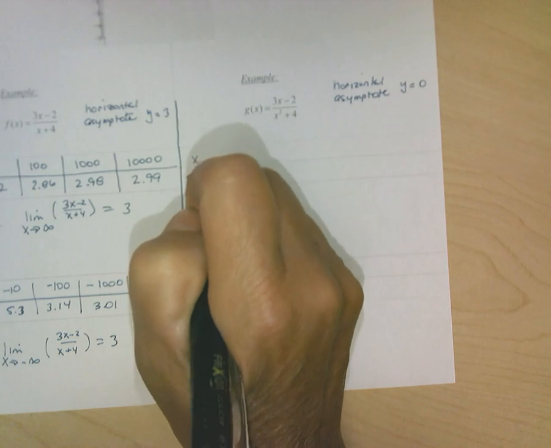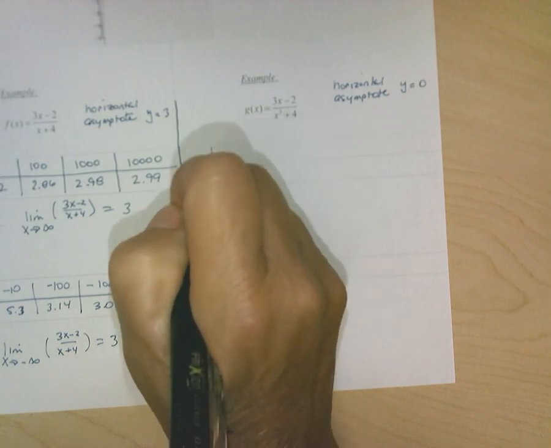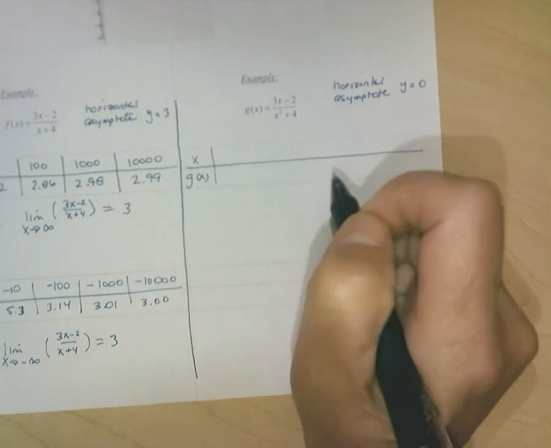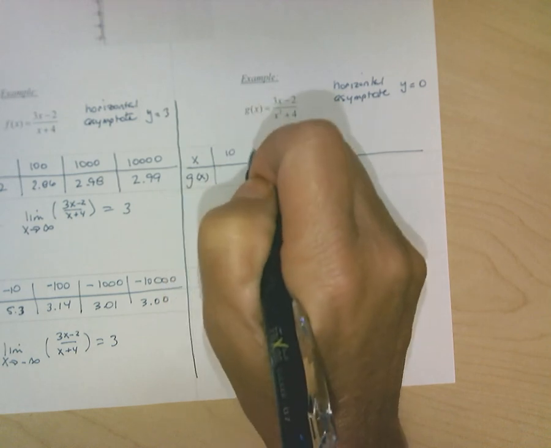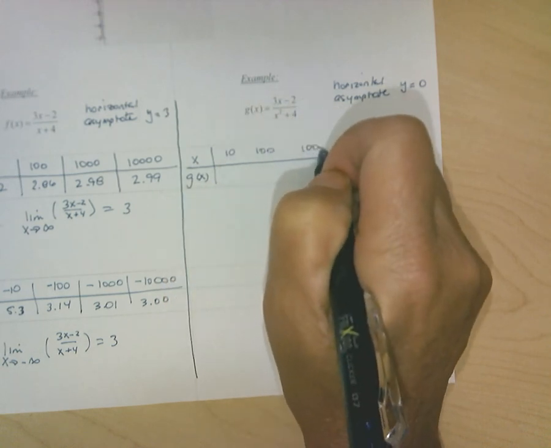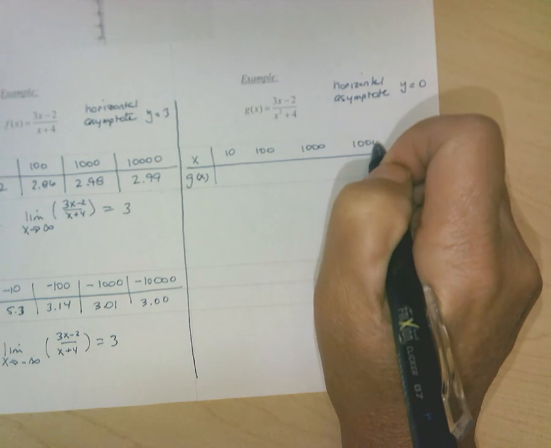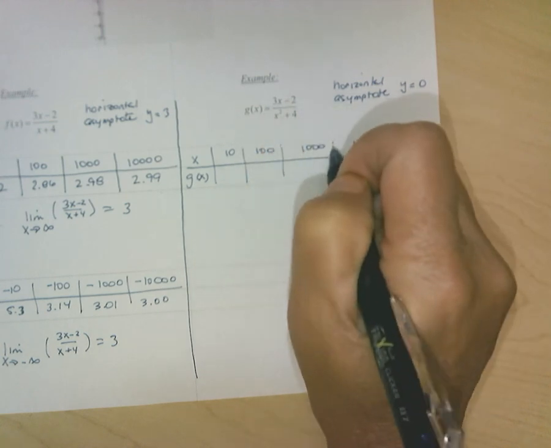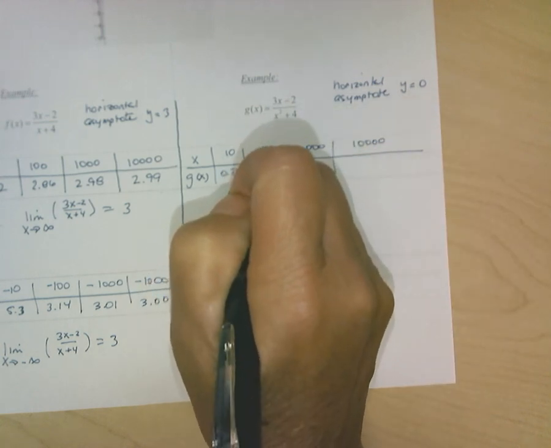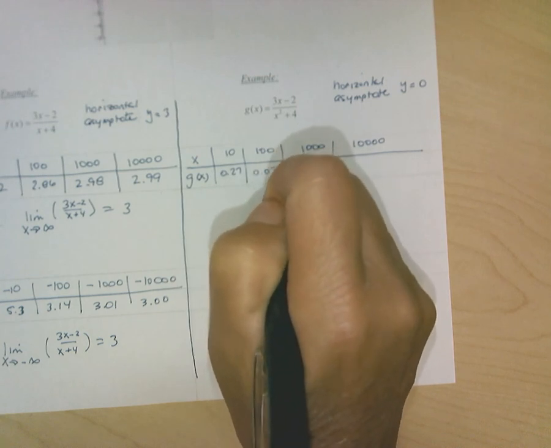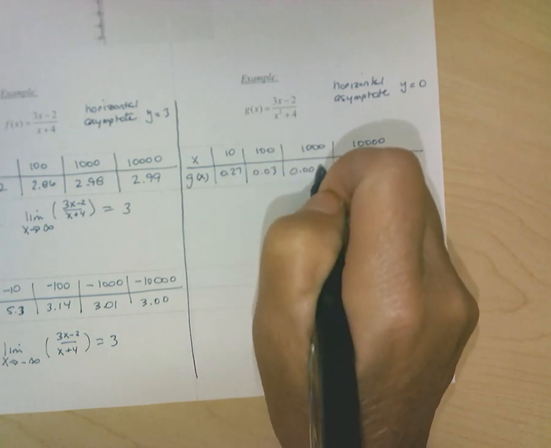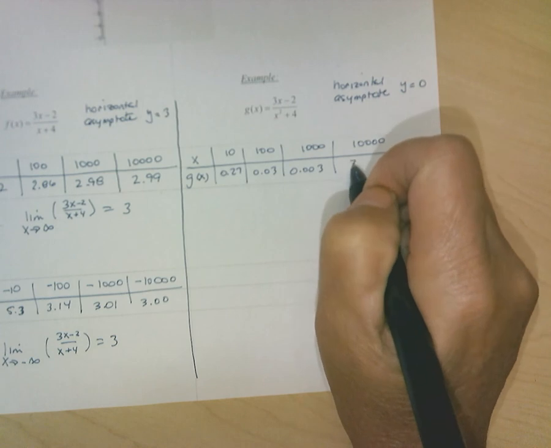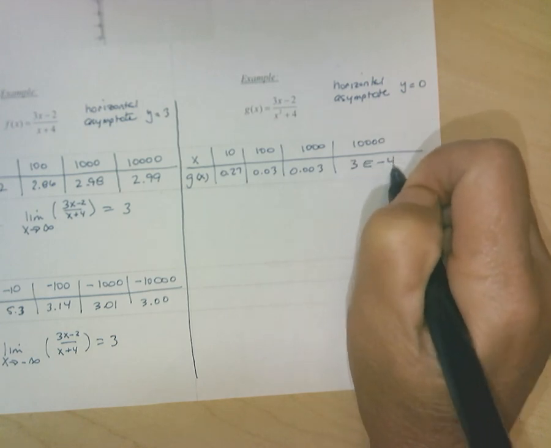So if I looked at x and g of x, and I'm just going to use the same numbers again, 10, 100, 1,000, 10,000. I get 0.27, 0.03, 0.003, and this one on the calculator gave me 3e negative 4.